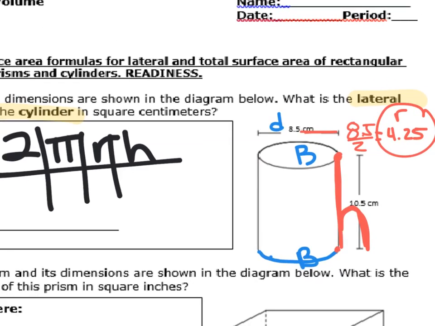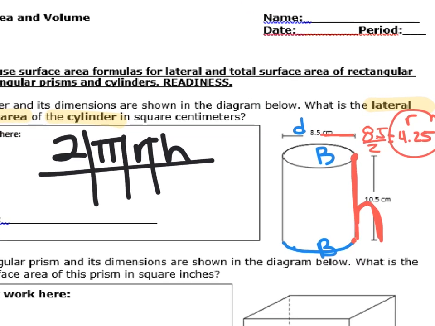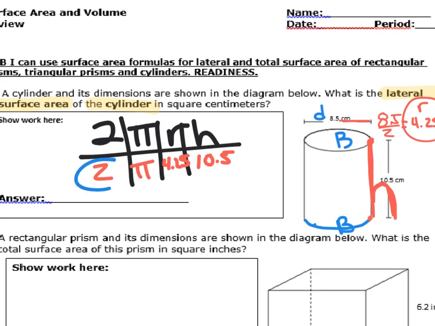So now that we have that information down, we can go ahead and plug in. 2 is just 2. Pi is just pi. R is 4.25. And h is 10.5. We're going to go ahead and multiply the numbers that are not pi, so 2, 4.25, and 10.5. We're going to type that into our calculator. 2 times 4.25 times 10.5, and we get 89.25.